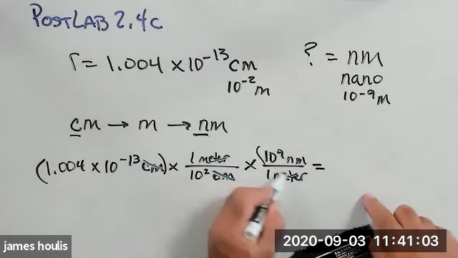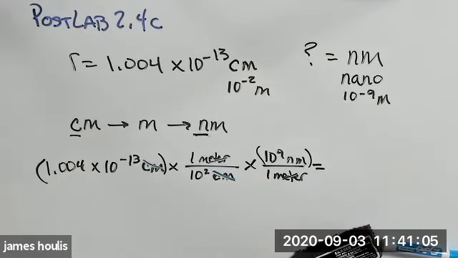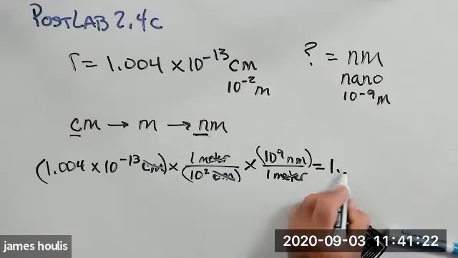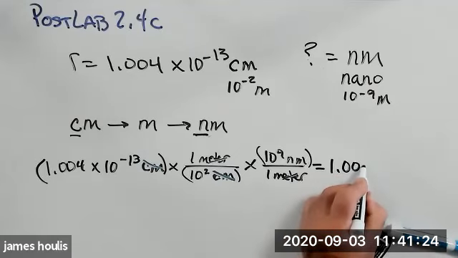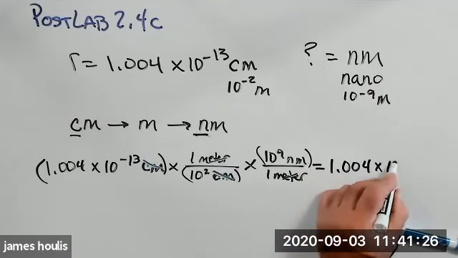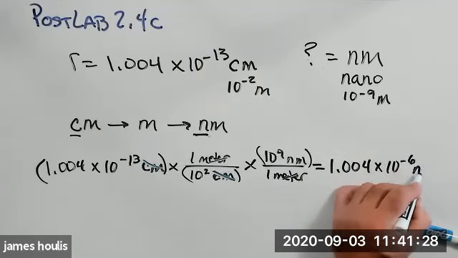So also with 10 to the 9, I'm going to put that in parentheses when I put it in the calculator, and this as well. If we get used to doing that, it becomes a habit, and that habit will serve us well when we have long problems with multiple numbers using exponents. We put that in the calculator, and it comes out to be 1.004 times 10 to the minus 6 nanometers.